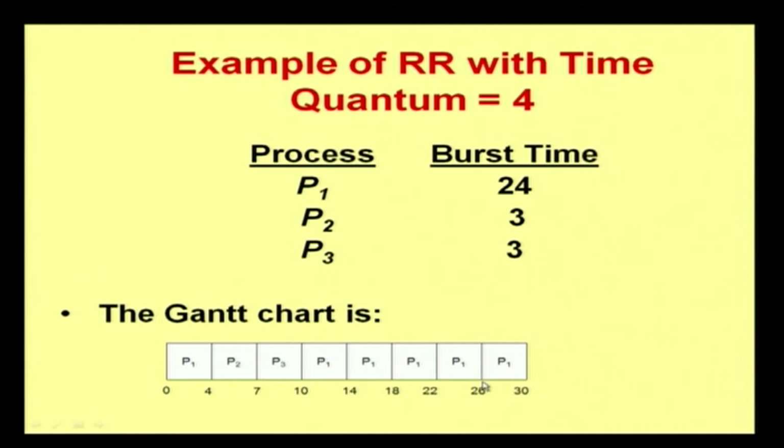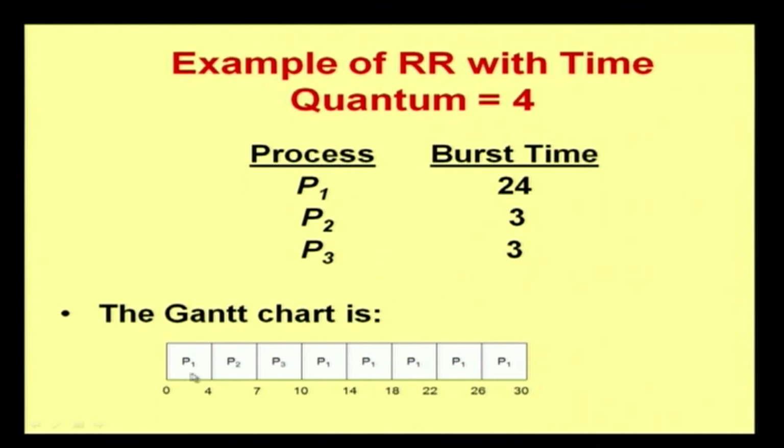Again it takes the next 4 from 18 to 22, again the next 4 from 22 to 26, and again the next 4 from 26 to 30. So what is the waiting time for this P1 to complete? It has taken 30 milliseconds to complete the full execution.